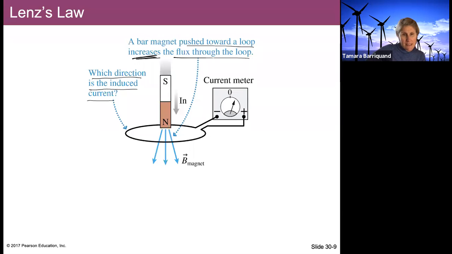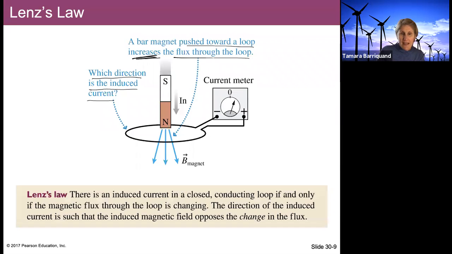What Lenz's law tells us is that there is an induced current in a closed conducting loop if and only if the magnetic flux through the loop is changing. We didn't see the light bulb light up at all when we had our magnet just sitting there, even inside the loop.